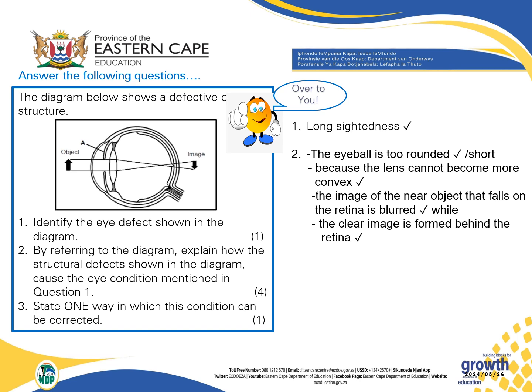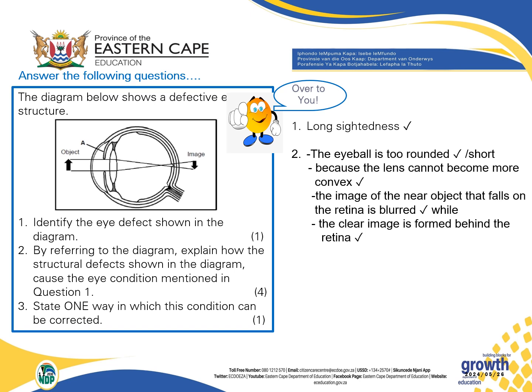Number 3, state one way in which this condition can be corrected. Now remember, we can correct both short-sightedness and long-sightedness using glasses. We need to decide, do we use a concave lens or a convex lens to correct this image? Now, we need the light rays to be focused on the retina.